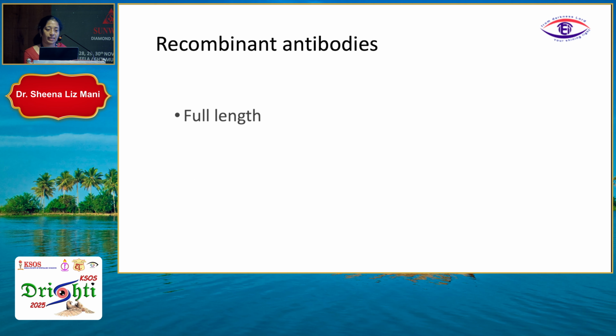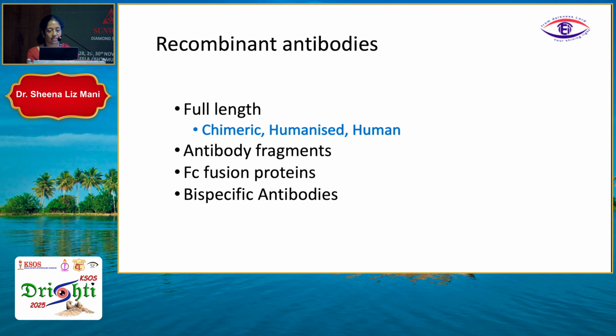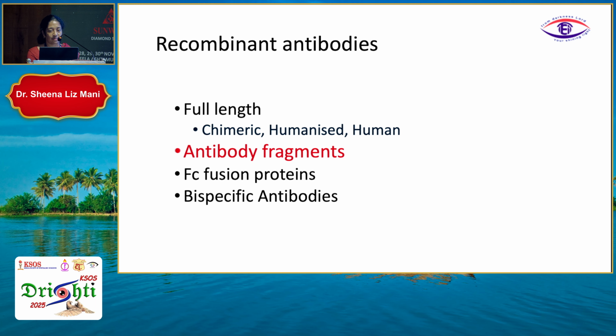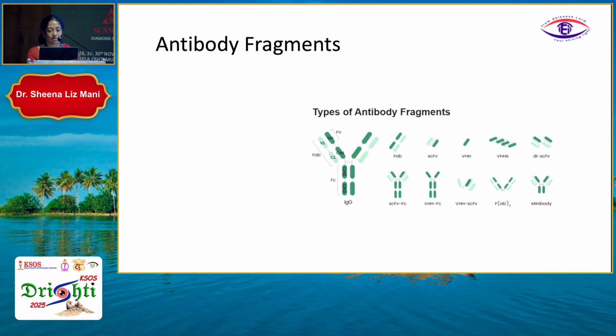Recombinant antibodies, based on the length of the antibody, can be divided into many types: full length, fragments, fusion, and bispecific. Full length is something that we've just discussed. Now coming to antibody fragments. As the name suggests, antibody fragments are small portions and they retain the ability to bind to antigens. There are different types of antibody fragments.